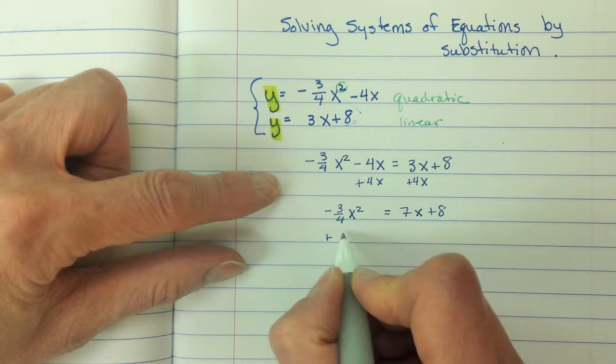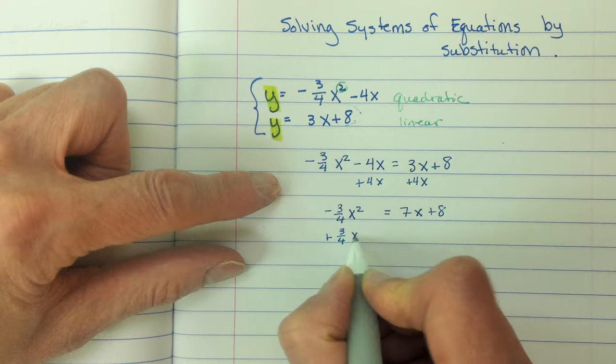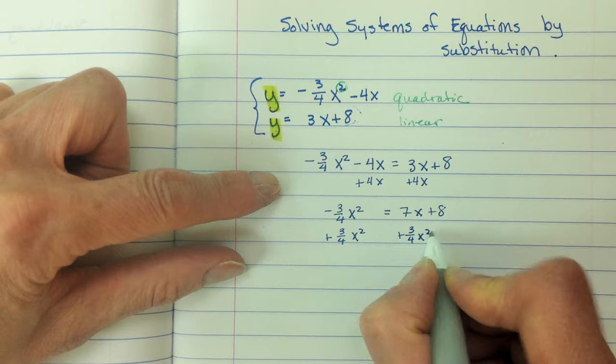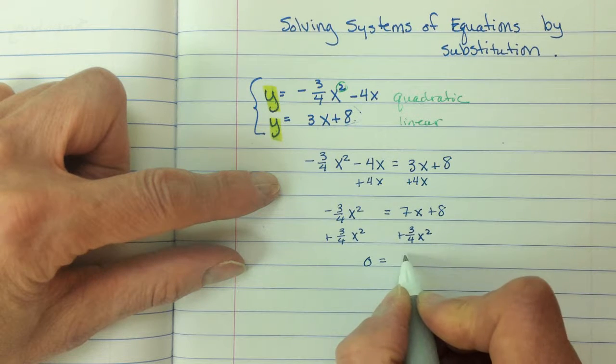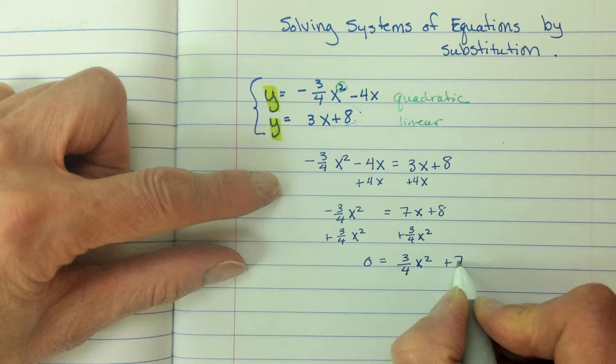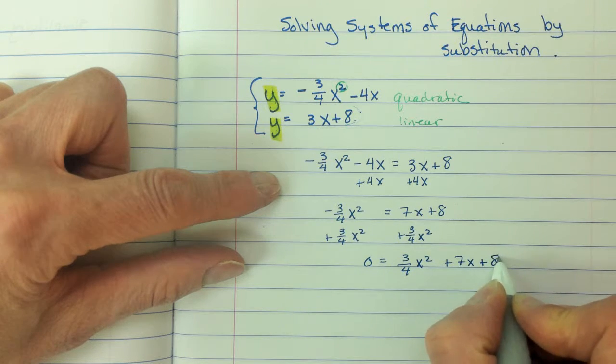Then I'm going to add 3/4 x squared to both sides of the equal sign, and I get 0 is equal to 3/4 x squared plus 7x plus 8.